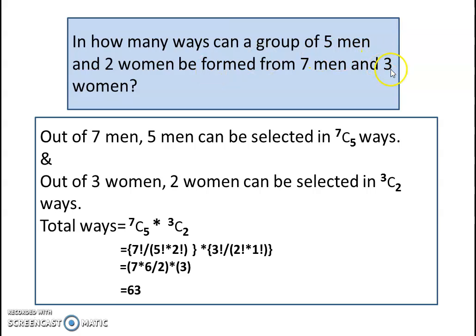In total we have 3 women and we are selecting 2. So 7C5 and 3C2. So total ways will be 7C5 into 3C2, because here we need to select both 5 men and 2 women. So after calculating the value of 7C5 and 3C2, the answer is 63. That means we have 63 ways to form a group of 5 men and 2 women from 7 men and 3 women.